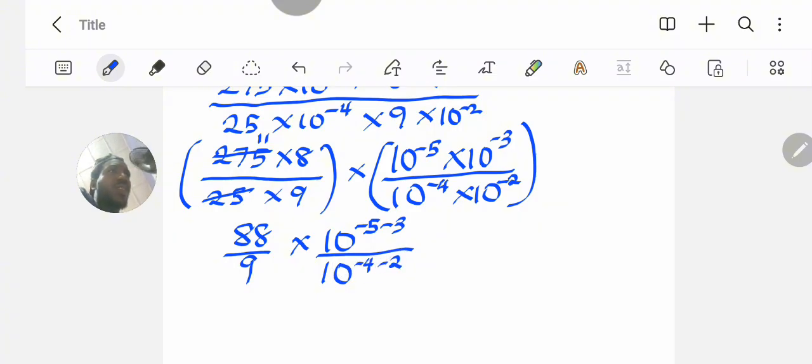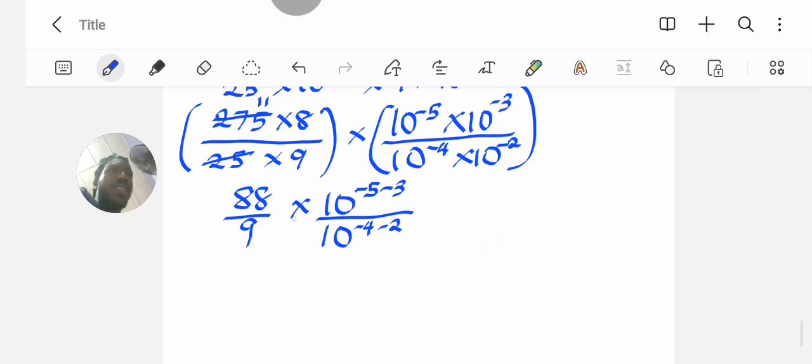So 88 divided by 9 is going to give us 9 in 88. That's 9. That's 81. Remainder 7. You put your decimal in 70. So you have 7, 7, 7. You can use your calculator to check that. It will keep giving you recurring 7.